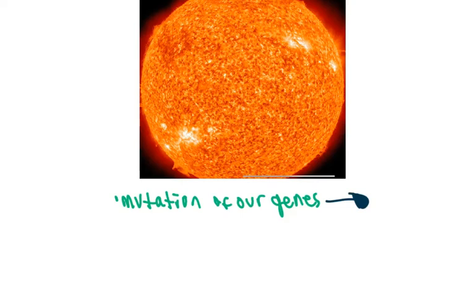A mutation in those genes, which later get transcribed and translated into the proteins in our red blood cell's membrane that hold the biconcave shape of a red blood cell, leads to malfunction of those proteins.